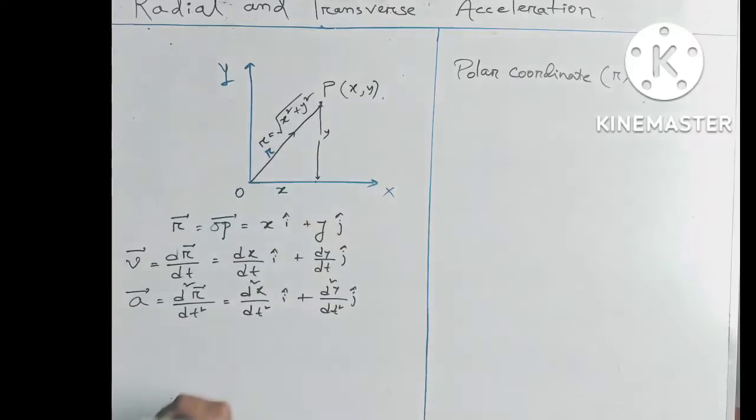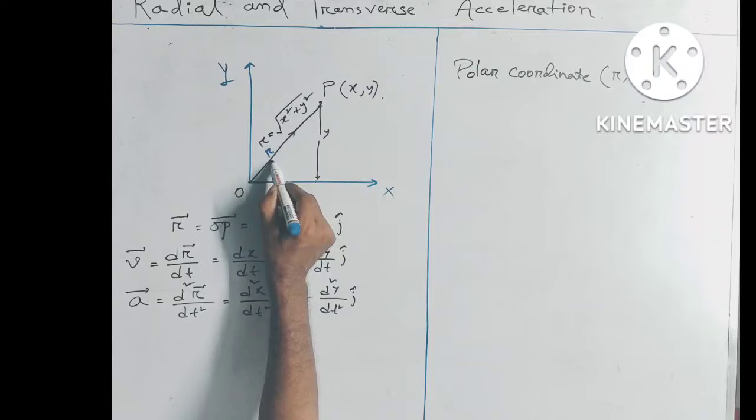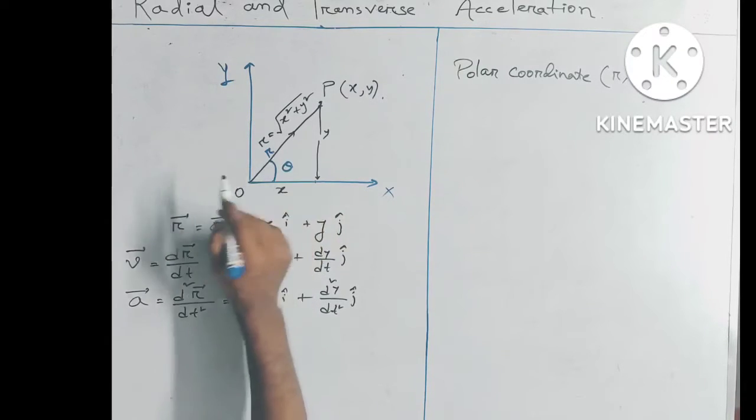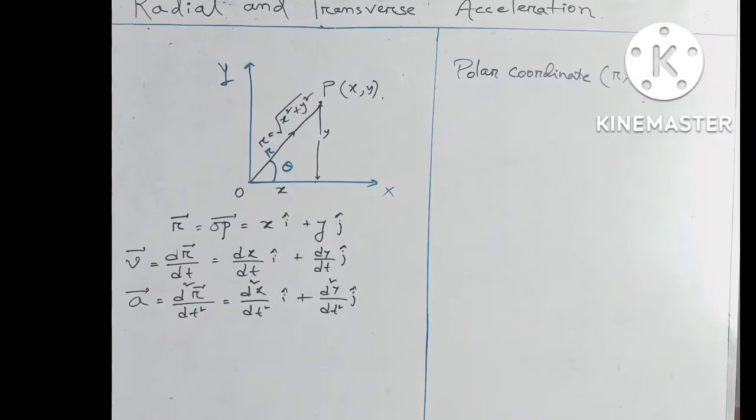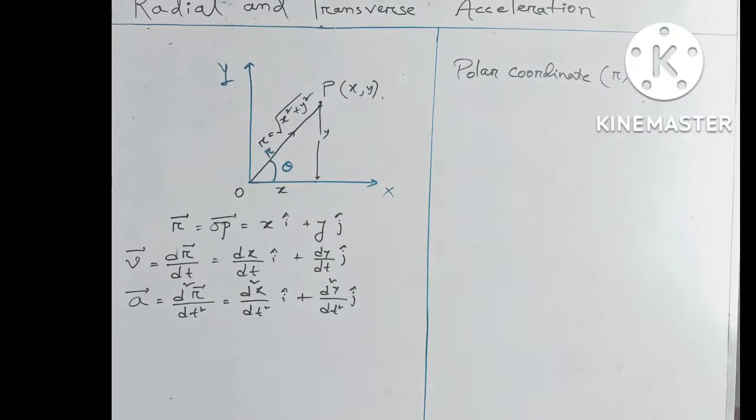This is r, and let's say this r makes an angle theta with the x-axis.